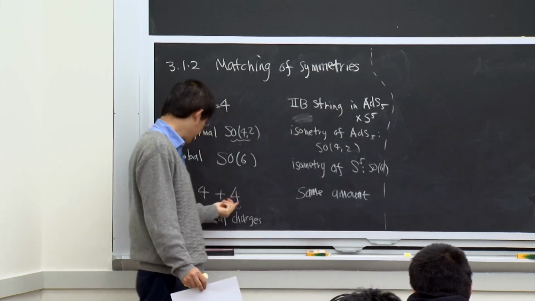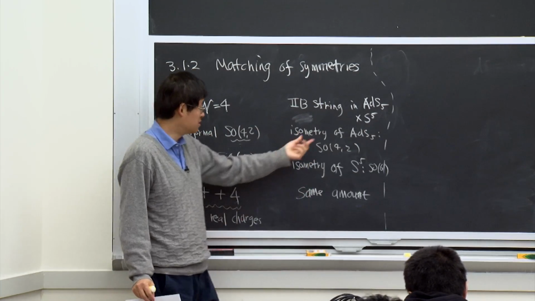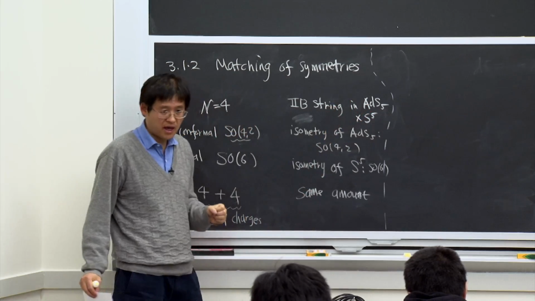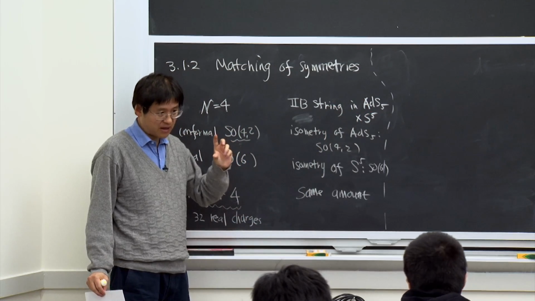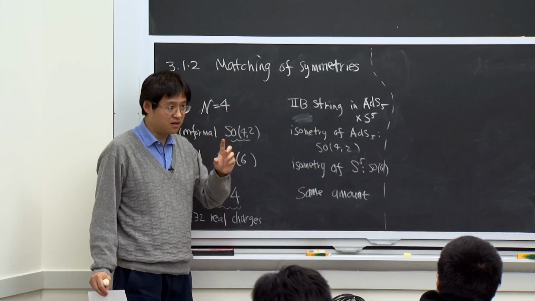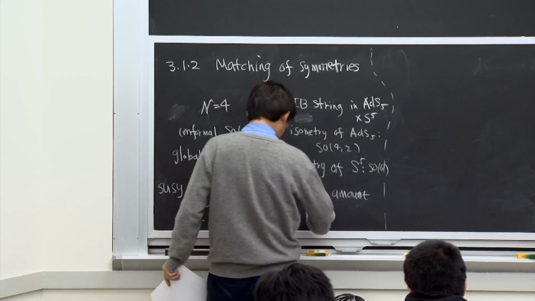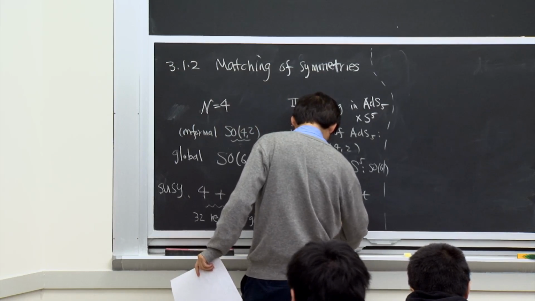Then you find you actually have exactly the same amount of supersymmetry in this geometry. But the interesting thing is that by definition, in supergravity the supersymmetry on the gravity side is actually local. So you actually have the same amount of local supersymmetries.